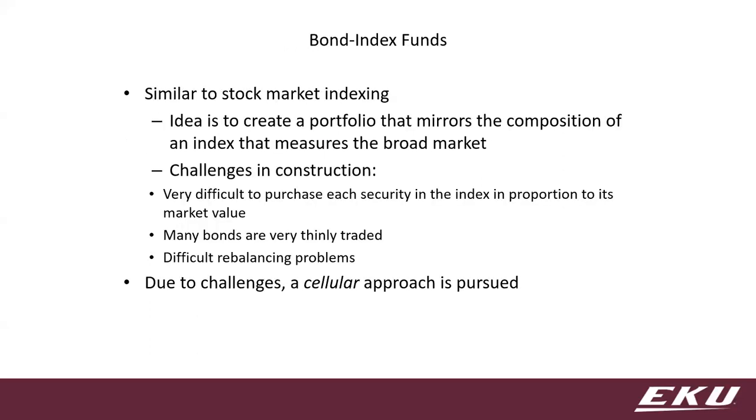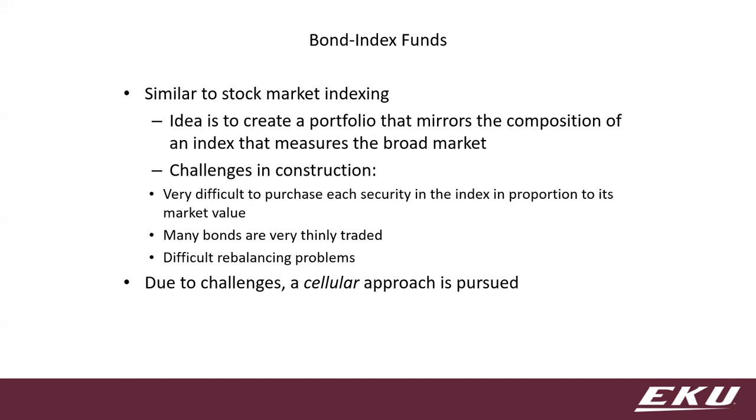So with a bond index fund, basically you try to buy very many bonds, right? And then you use those bonds to create your portfolio. But while things like treasuries are very actively traded, not all bonds are, right? And many bonds are actually thinly traded.